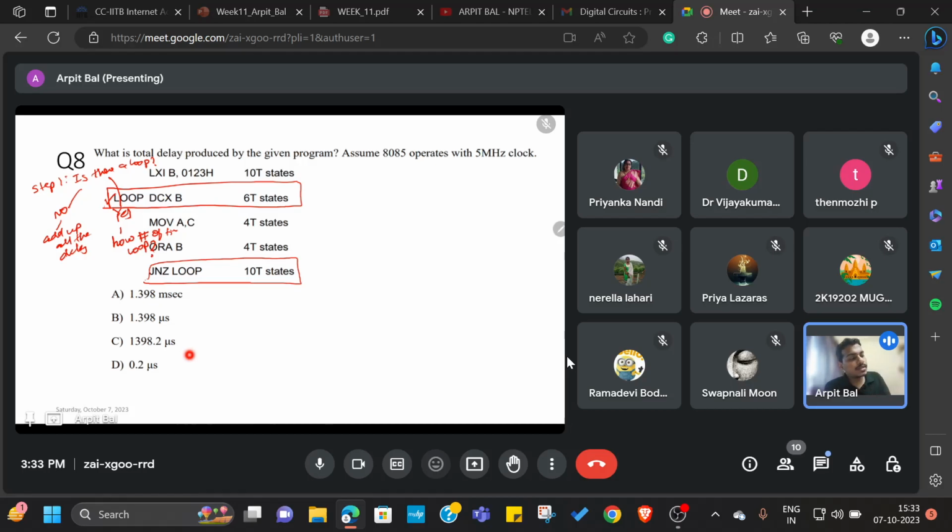First thing you need to make note of is the value of B. Actually BC has the value 0123H. And what does 0123H stand for in decimal? 0 plus 16 squared plus 2 into 16 plus 3.